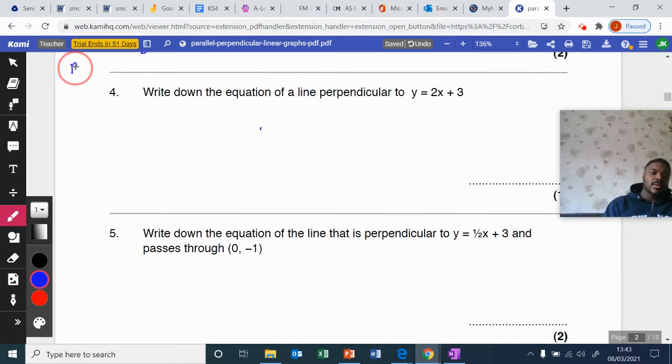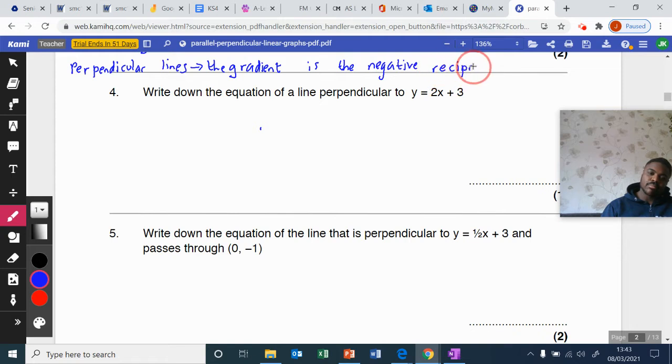With perpendicular lines, the gradient is the negative reciprocal. Okay, let's talk about what we mean with that.